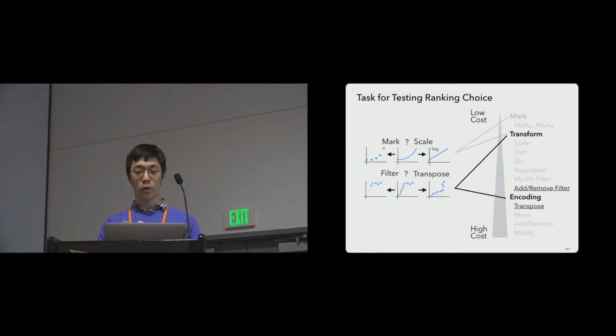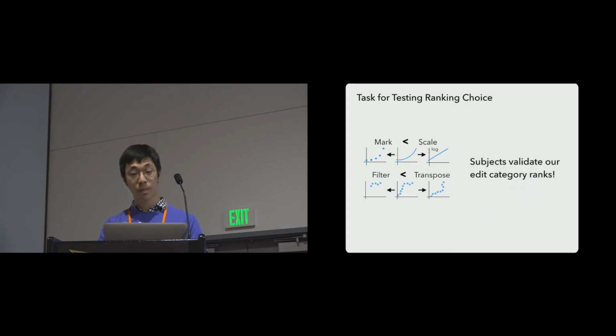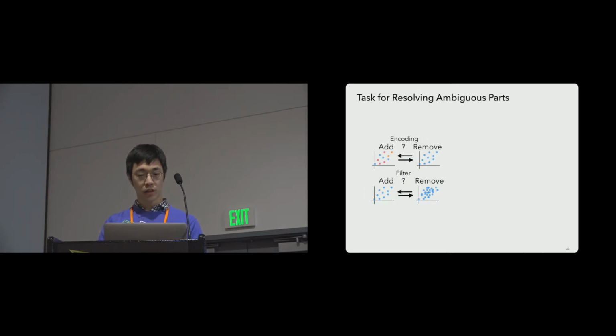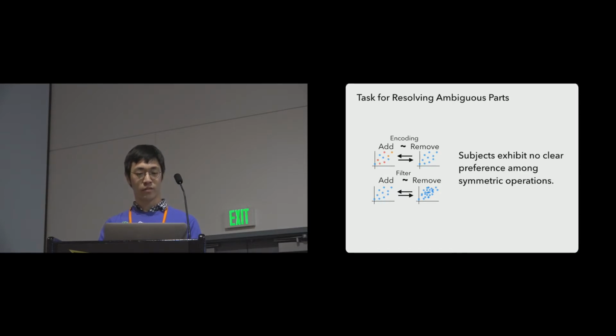To compare transform operations and encoding operations, we compare a filter transition and a transpose transition, again representing the highest and lowest rank edit for their respective categories. In the result, participants validate our edit ranks. We also tested the ambiguous part, add and remove encoding and filter. And participants did not show a significant preference, so we decided to make them have the same weights.